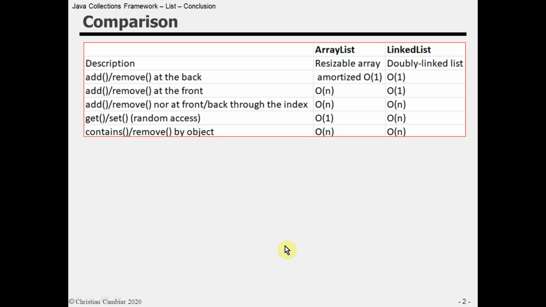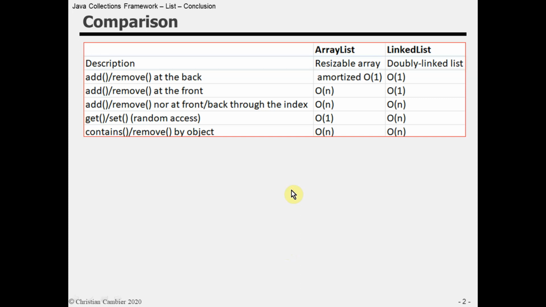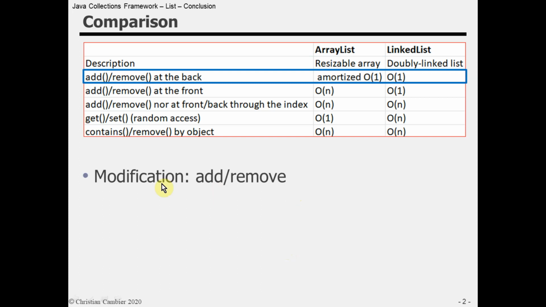What have I discussed? Well, ArrayList, also known as resizable array, versus LinkedList, known as doubly linked list. Regarding the modification operations, add and remove. First of all, we had add and remove at the back. For array lists, it is generally O(1) unless a resize takes place, in which case it is O(n).